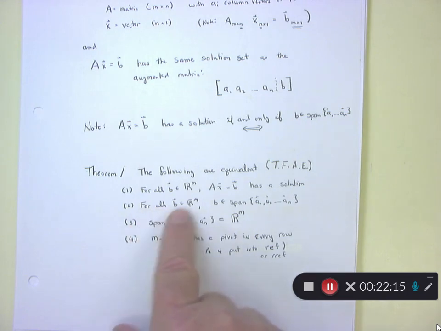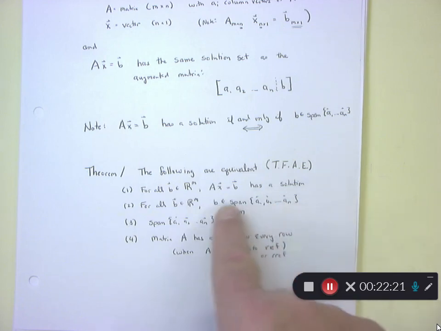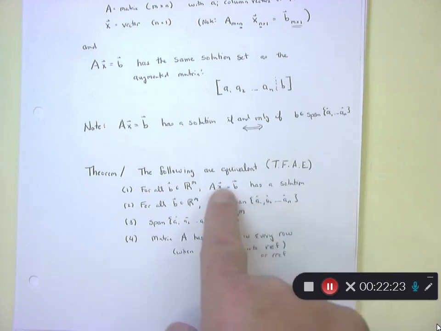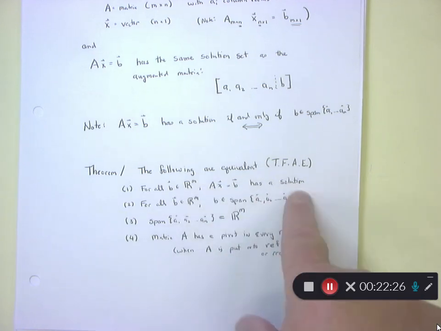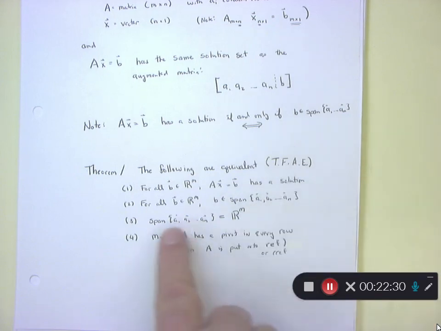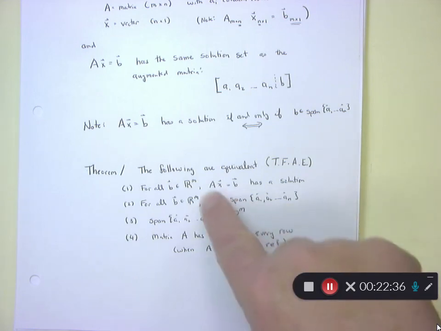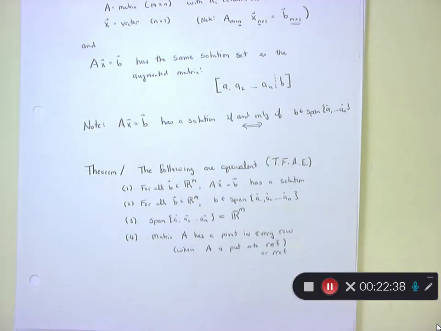For all vectors b in Rm, b is going to be in the span of these column vectors of A. So if b is in the span of the column vectors, the equation Ax equals b has a solution. If one happens, the other happens. The span of A1 through An will be equal to that whole Rm where b came from.